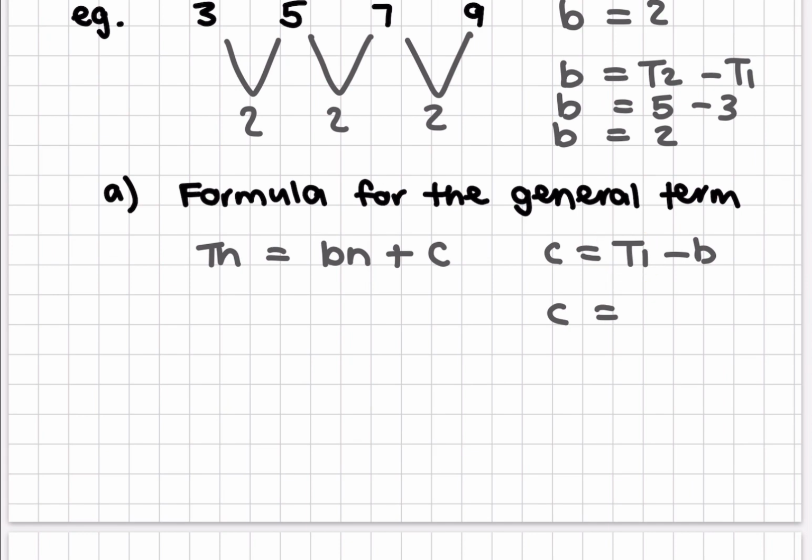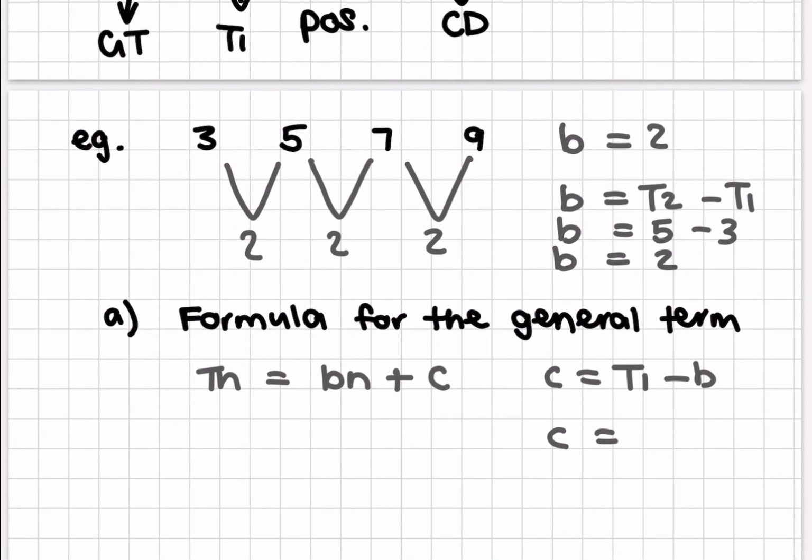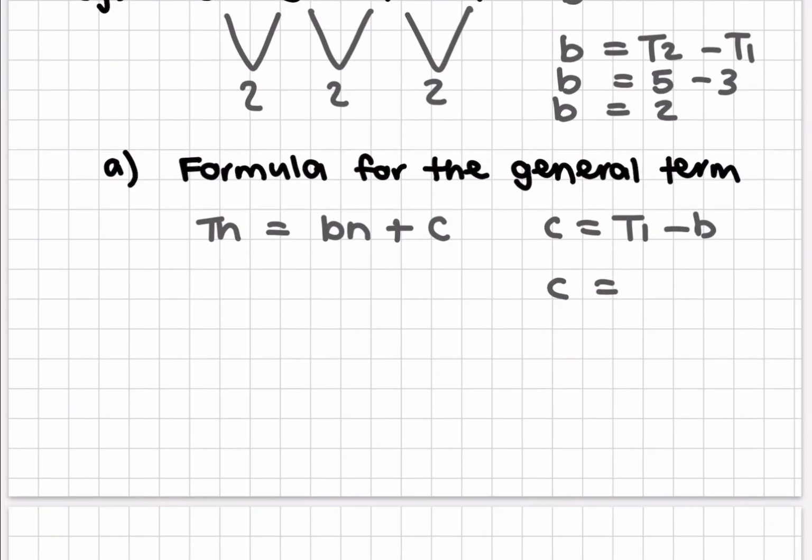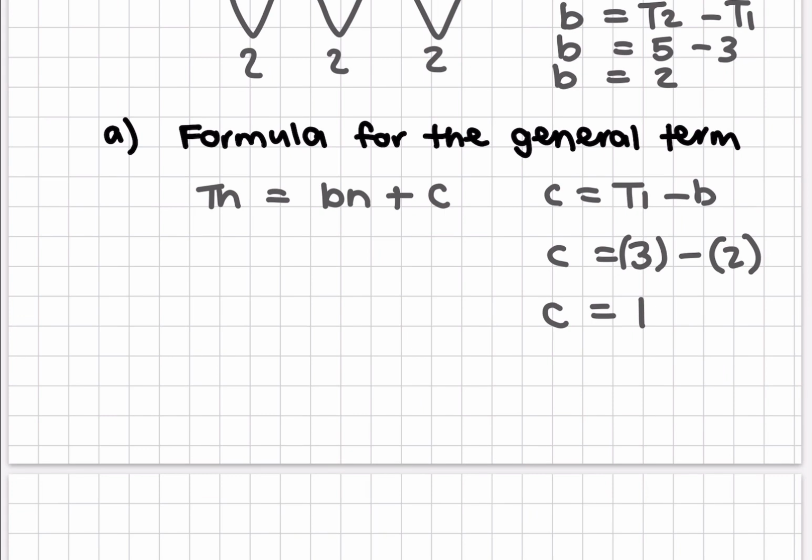The first term is 3, so c is equal to 3 minus 2, which is 1. Now we can sub it into our equation. So tn is equal to 2n plus 1. That is the formula for the general term.